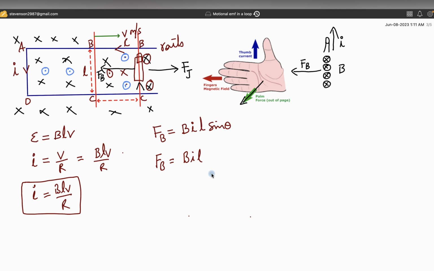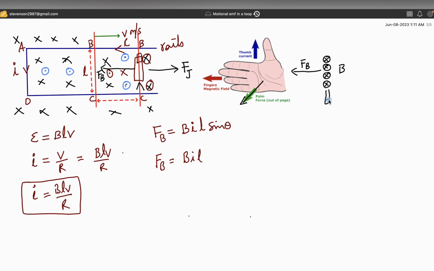Okay, alright. So if we have assumed that the current is going in a clockwise direction, then in the section BC, the current would not be going in the upward direction, but in the downward direction, right? So our thumb needs to be pointing downward.